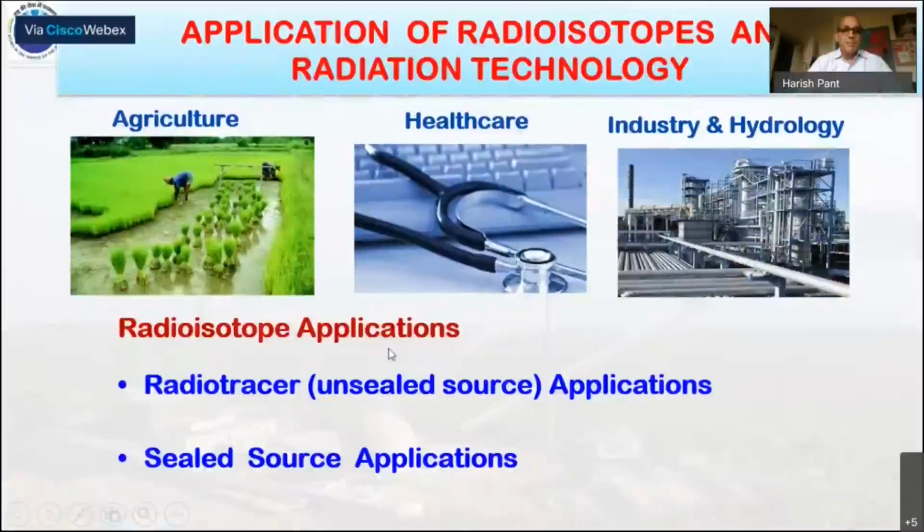In the first lecture, we discussed radio tracer applications in industry. In the second lecture, we discussed radio tracer in hydrology. In the third lecture, we discussed application of environmental isotope techniques in hydrology.